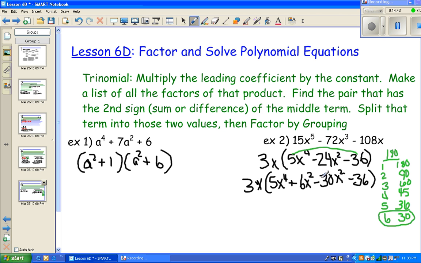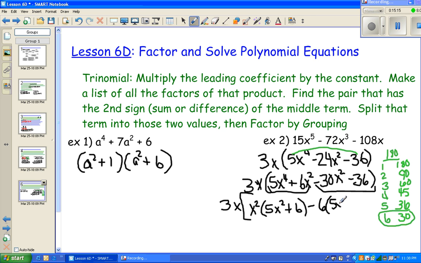Okay, because negative 24 is just the same thing as positive 6 and negative 30, so you haven't changed the problem. Now we're going to do our factor by grouping. So we have that 3x out there. And then here you're going to pull out an x squared with a 5x squared plus 6. And then between these two, you're going to pull out a negative 6. And that's going to leave you with a 5x squared plus 6.